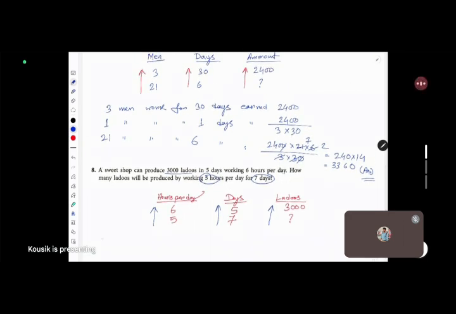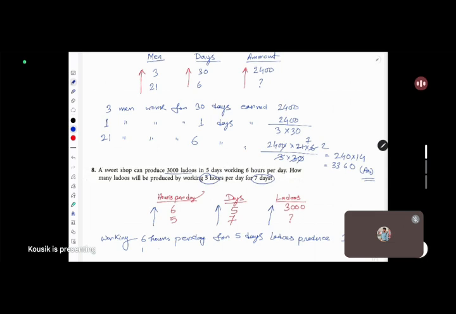So working 6 hours per day, হ্যাঁ, অ্যান্সার বেরিয়ে গেছে। আচ্ছা, for 5 days কত এসেছে অ্যান্সার? 3500। আচ্ছা, ঠিক আছে। 3000.